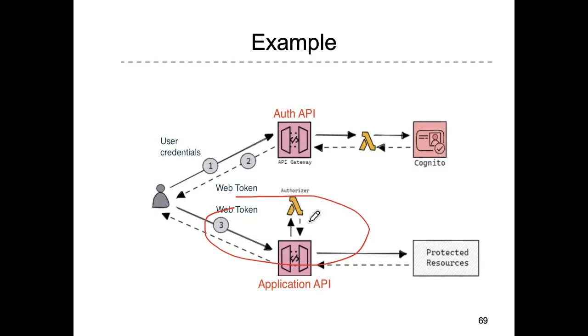This Lambda extracts the token from the cookies, so it needs to know that the token is contained inside the cookie headers. It extracts it, decrypts it, and talks to Cognito. If it's happy, it creates on the fly an IAM policy that essentially says to API Gateway, you can now invoke the Lambda.